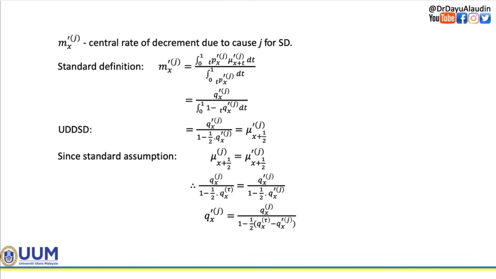So mu xj prime is the center rate of decrement due to cause j for single decrement. So this is the standard definition. And finally we get this one.